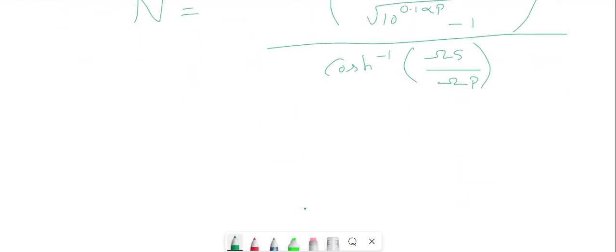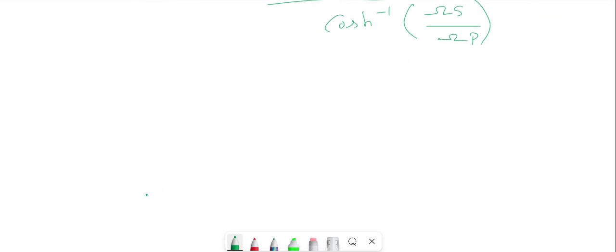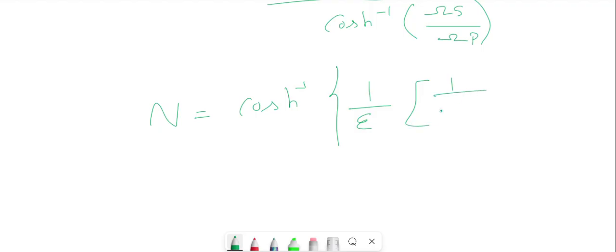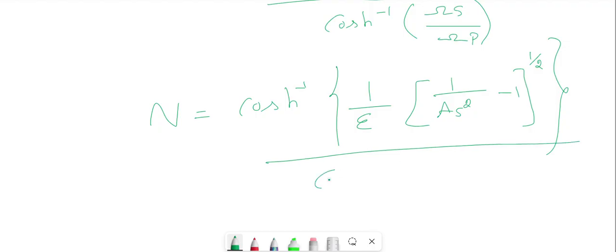There is one more derivation to find the order of the filter. If you refer to the Nagarkar book, in that it is cosh inverse of 1 by epsilon, 1 by a squared minus 1 to the power half, divided by the hyperbolic function cosh inverse of omega s by omega p.